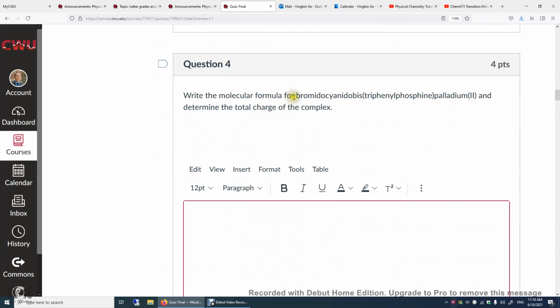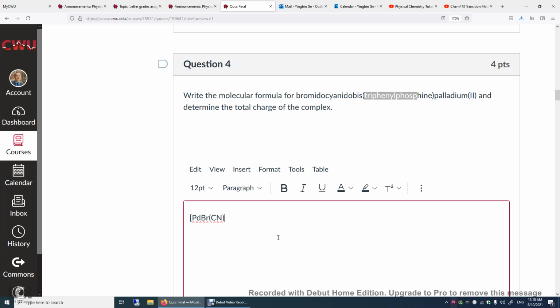Question 4, the molecular formula of this. Overall, this is neutral because you have plus 2 on palladium, -1 on bromido, -1 on cyanido. Triphenylphosphine is neutral, so we're going to write palladium, bromine.